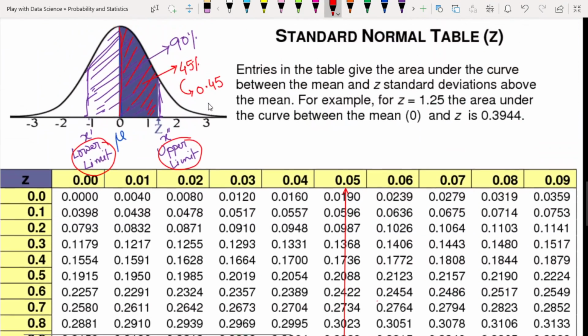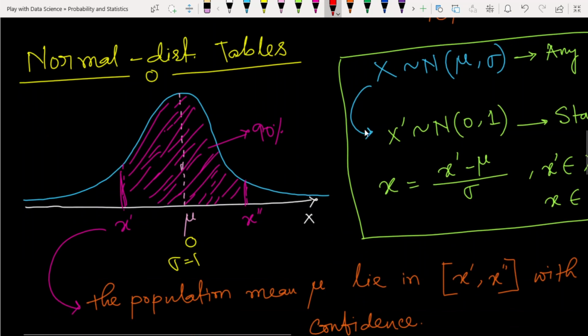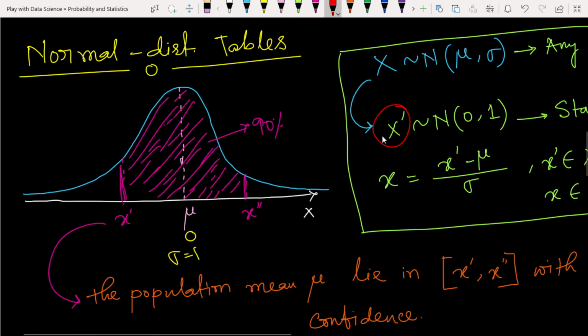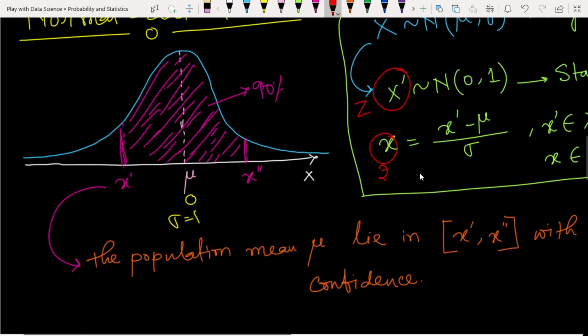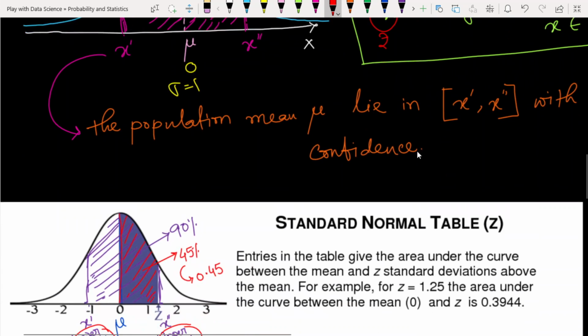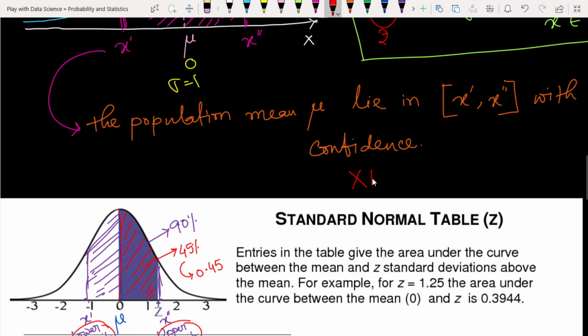I am talking about the small z test. After converting, z has mean 0 and standard deviation 1, mu and sigma. This is standardized; I am standardizing x to z.